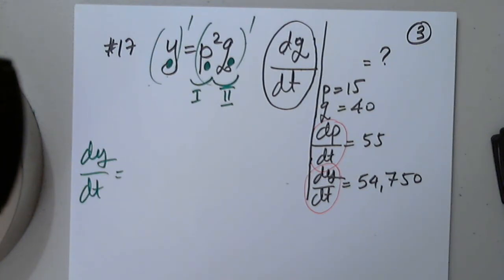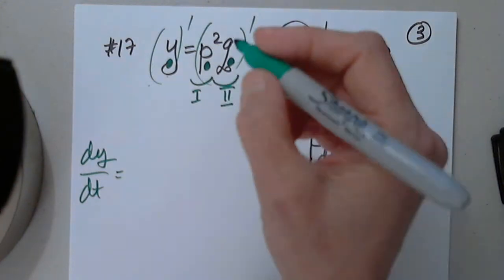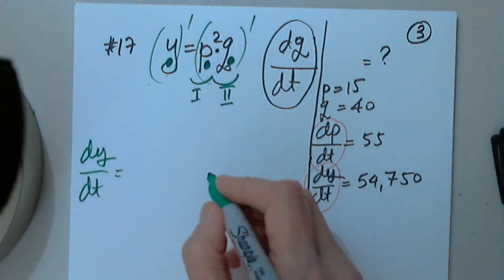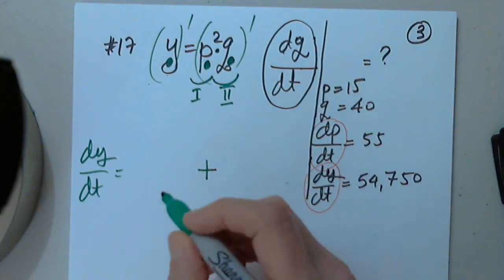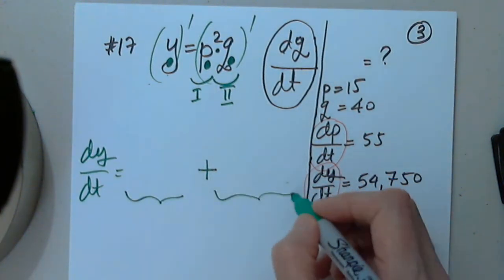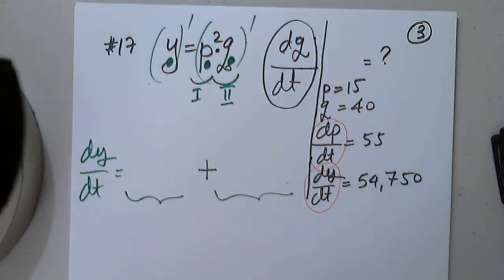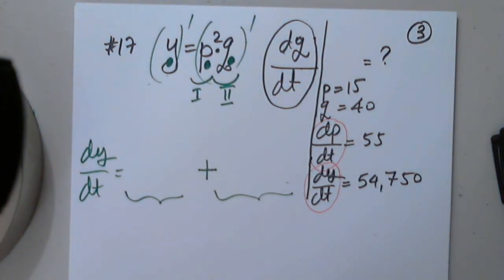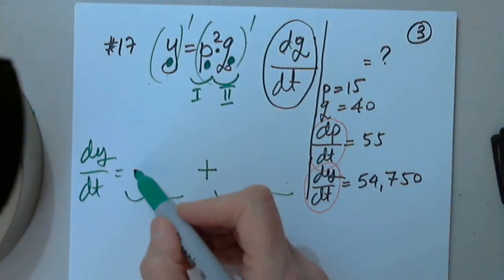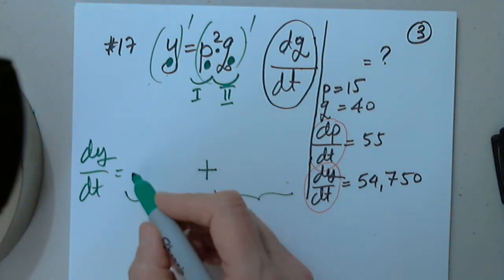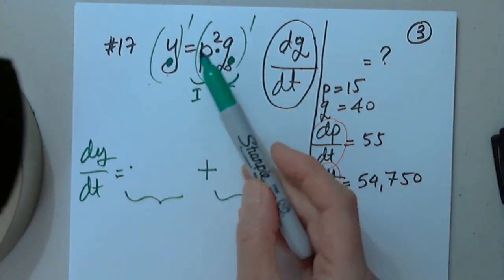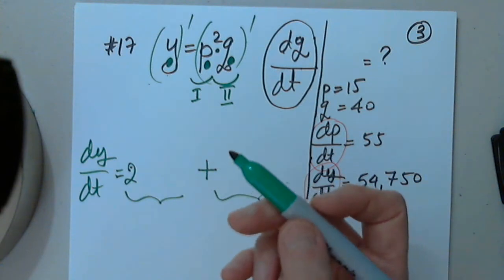Extended power rule. Okay, but first I have to identify that it's a product. So every time I differentiate a product, I will have to get two terms. First term and second term. Good. So how do we differentiate p squared? Anyone? Pull the 2 down in front. Awesome. Brilliant. Good.